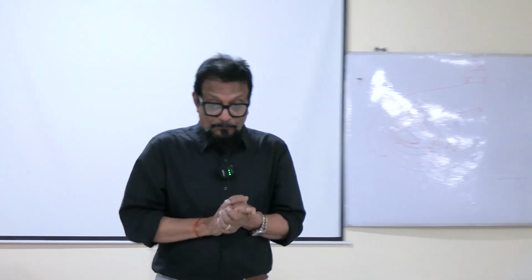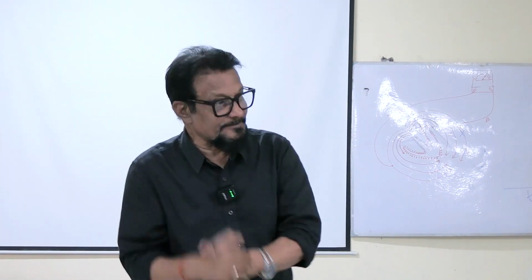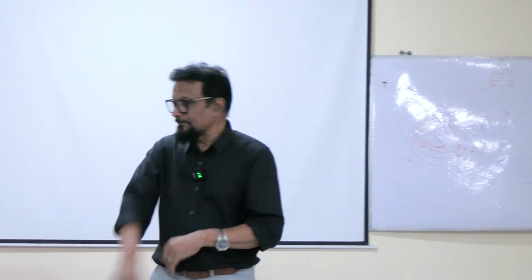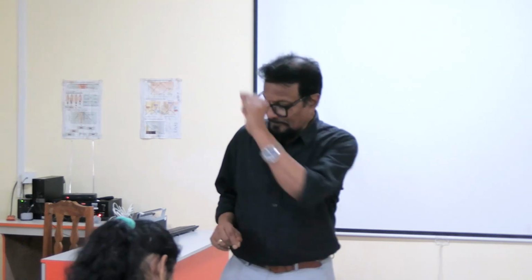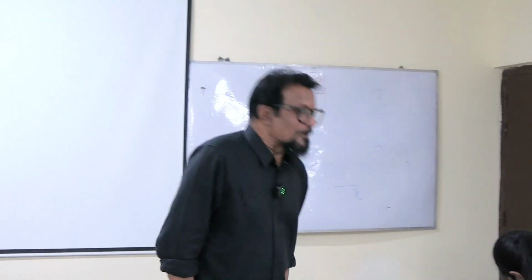For that purpose, we have chosen 6 positions. How many? 6. They are V1, V2, V3, V4, V5 and V6. So these are the 6 precordial leads or 6 chest leads.